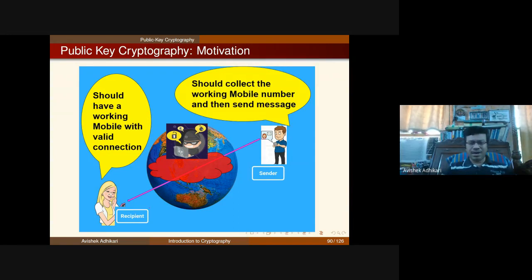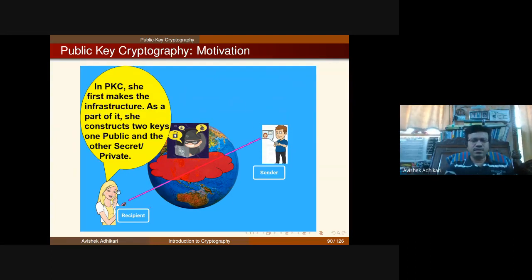So unless the girl has the infrastructure, the boy won't be able to get the mobile number. After the infrastructure is ready, the boy will somehow come to know the mobile number of the girl, and then using that mobile number and WhatsApp, he will be able to send the message, and then the message will be received by her.